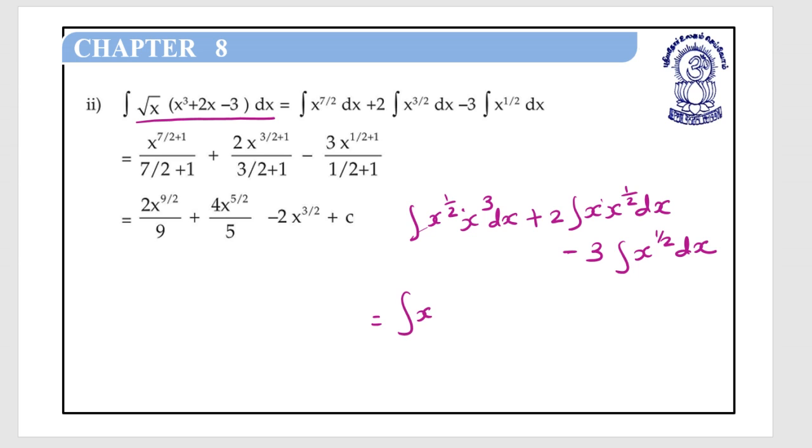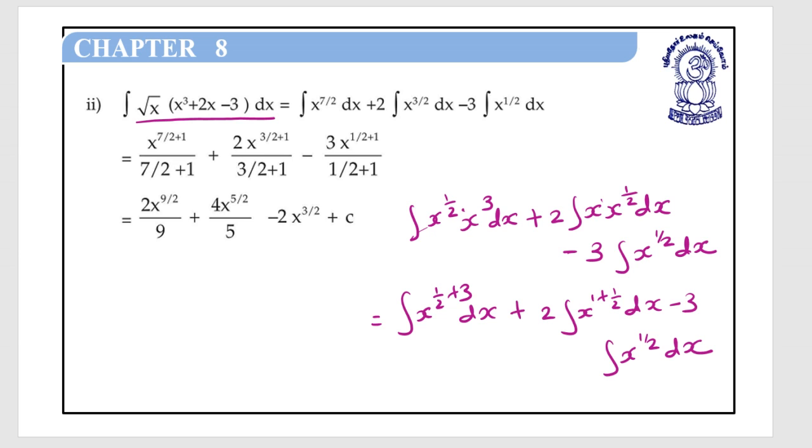So x raised to 1 by 2 plus 3 dx, plus 2 x raised to 1 plus 1 by 2 dx, minus 3 integration of x raised to 1 by 2 dx.